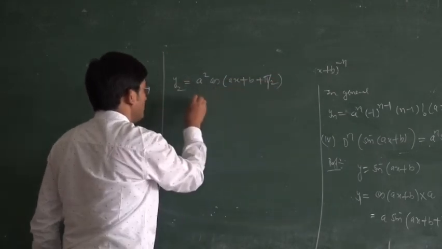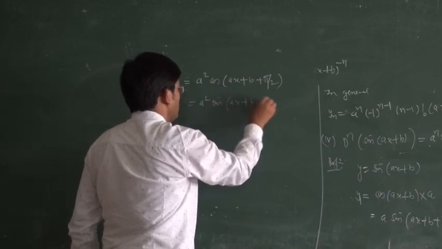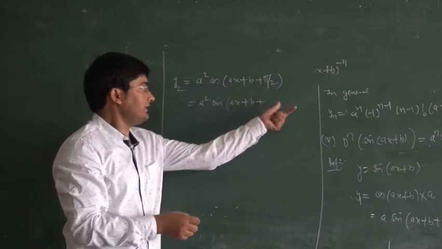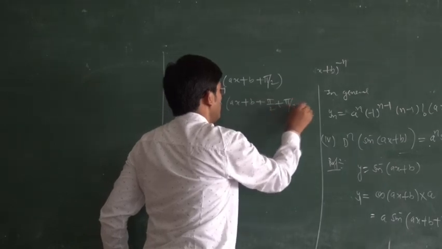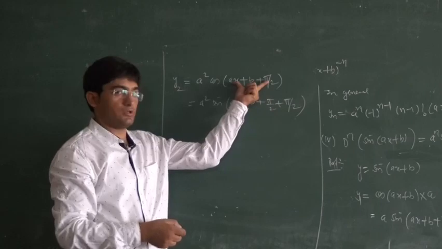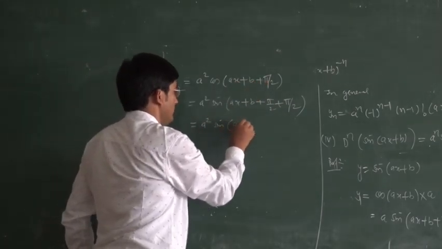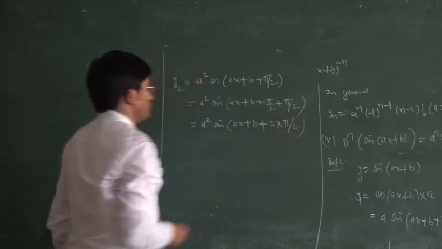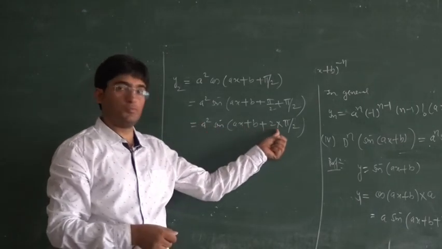And now cos theta can be written as sin(90+theta). That means this term plus 90 plus theta. This is your theta. So this is equal to a square sin(ax+b+2 times pi by 2). So after 2 time differentiation, we have a square into sin(ax+b+2 pi by 2).